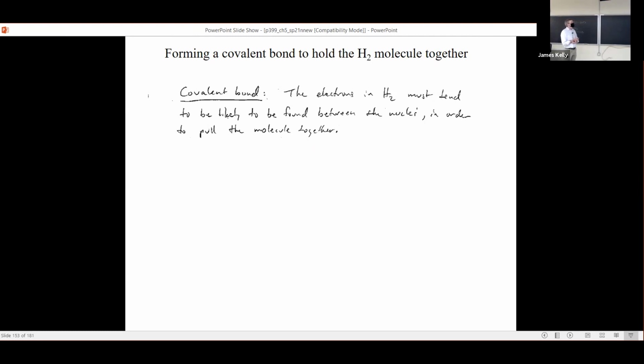If we've got the two hydrogen nuclei in a certain location, and we have the electrons highly likely to be found in the middle, then that negative charge in the middle on average is going to be pulling those two positive charges inward and create a kind of bonding. In other words, attract the nuclei inward because the electrons are spending a lot of time at the center. How are we going to make that happen?